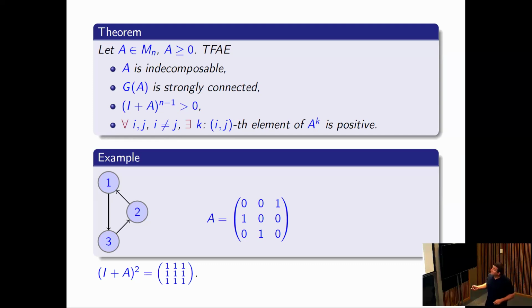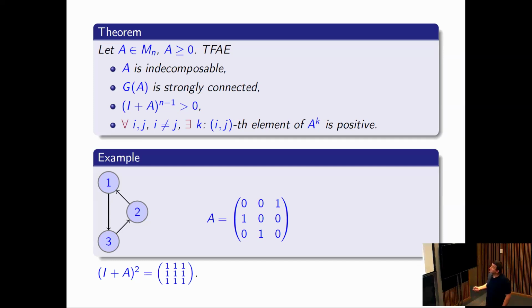So combinatorics, geometry, and algebra. This condition says that the identity matrix plus A, to the power n minus 1, should be positive. Like nilpotency, I could check nilpotency just by considering the power equal to the size. If I have the zero matrix, it tells me your matrix is nilpotent, otherwise not.